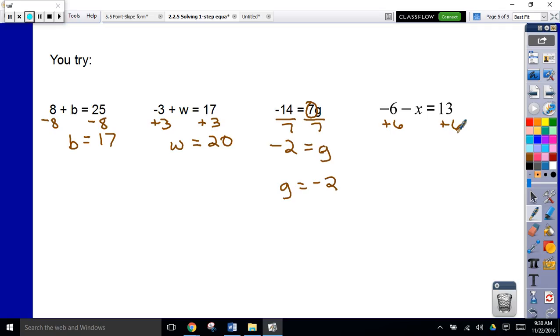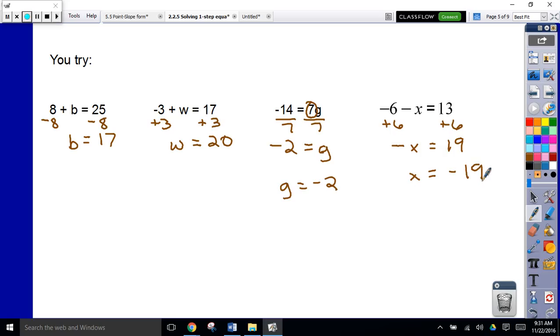You correctly told me that I need to add 6. 19. So we get negative x equals 19. So Brian, if negative x equals 19, what does x equal? Negative 19.